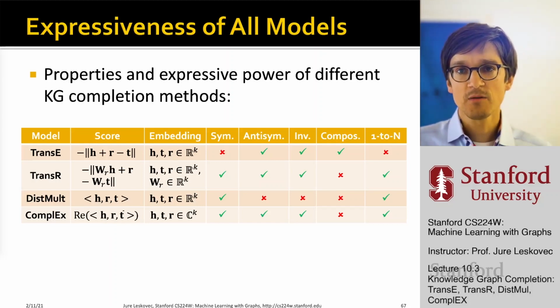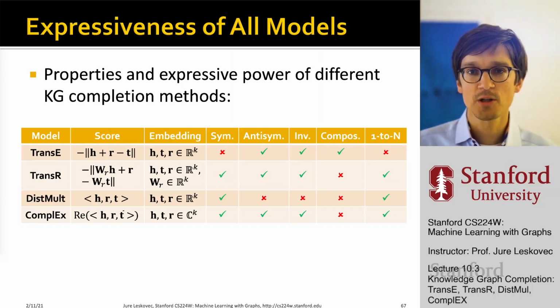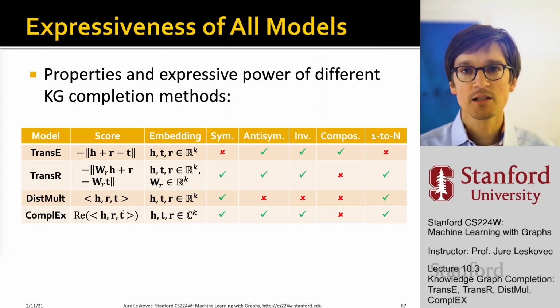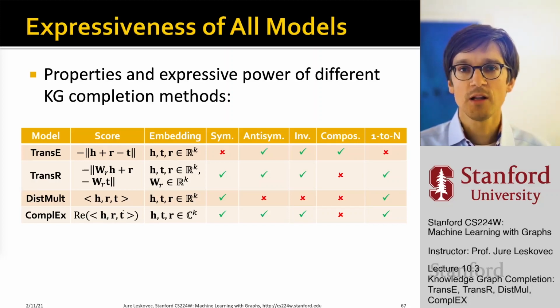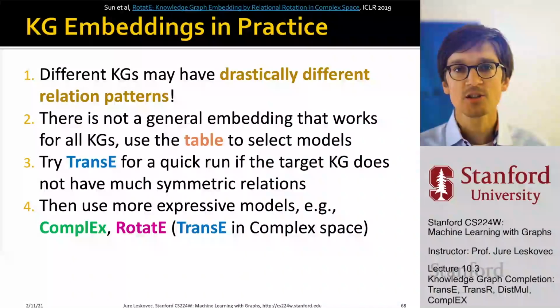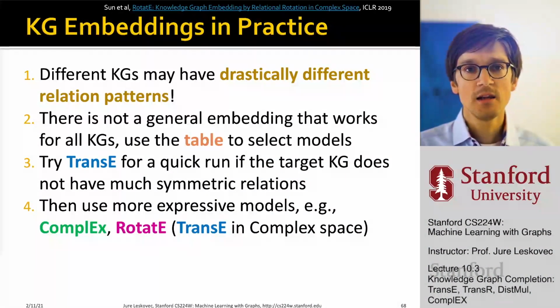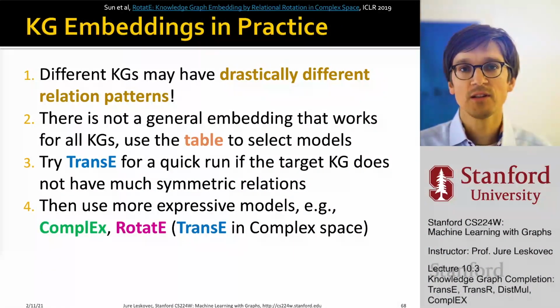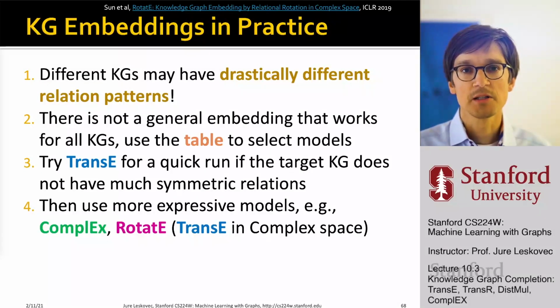The reason why I wanted to show you these different methods is to see the diversity of options that embeddings allow you to work with, and to give you a lot of freedom in how you define your predictive model. So how do you do knowledge graph embeddings in practice? Different knowledge graphs may have drastically different relational patterns and properties, so there is not one method that works best on all of them.